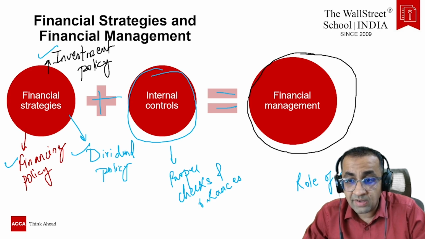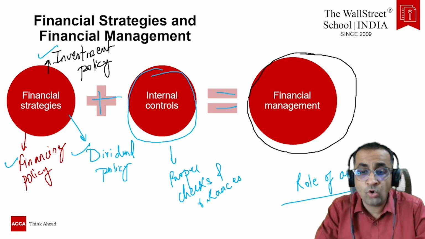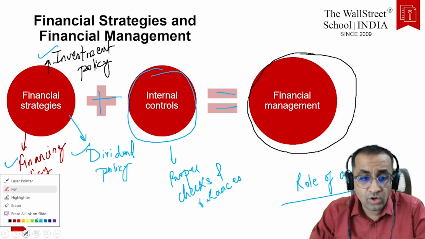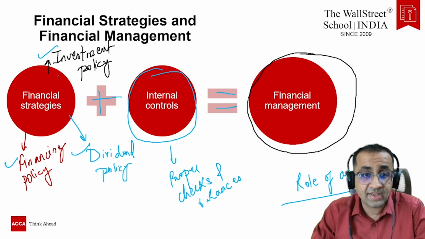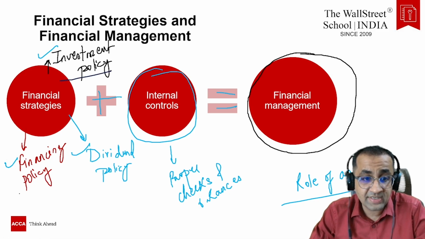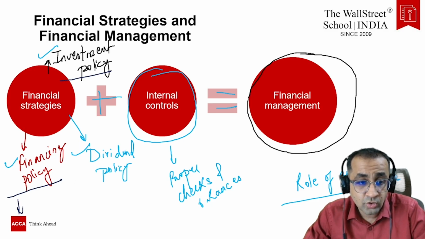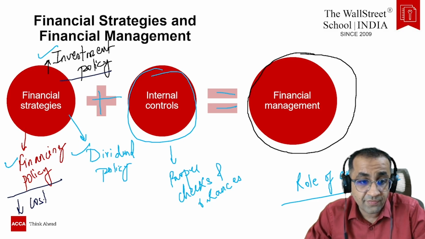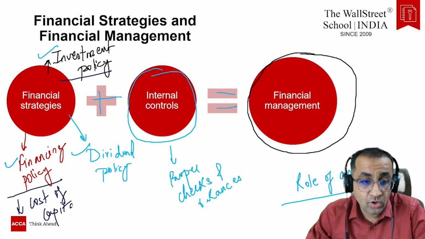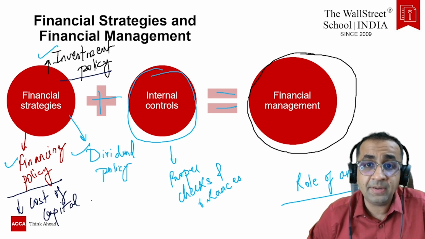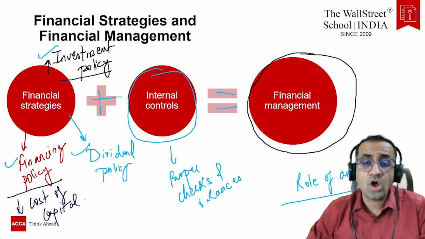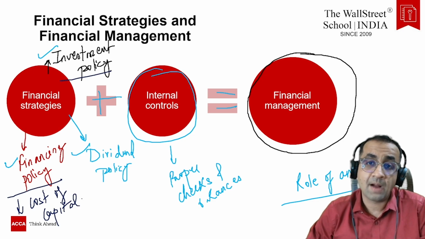So if you see in a nutshell, what is the key role of an AFM? The key role of the AFM is to guide the organization to make proper investments, to raise the money in a prudent manner, so that it decreases the cost of capital, right? What is the main role of an AFM? To reduce the cost of capital, to reduce the cost of borrowing of the company.